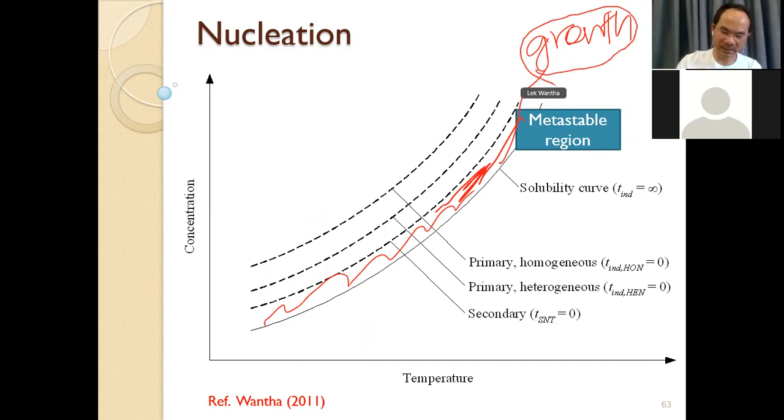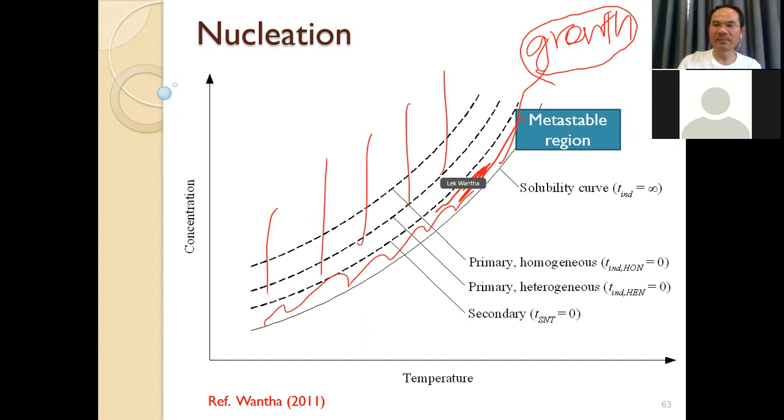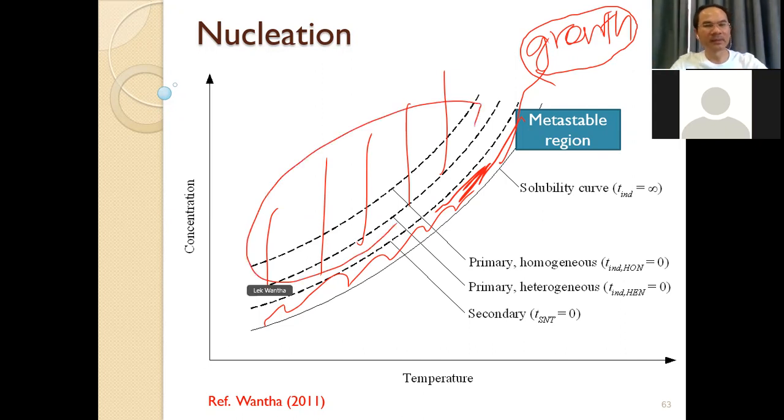At higher concentration, it's difficult to control the size because new crystals are generated and crystals grow together in this zone. If you operate at lower concentration in the metastable zone, we can control the size of the crystal. This is more the operation in industry application. You would like to control the size of the crystal.